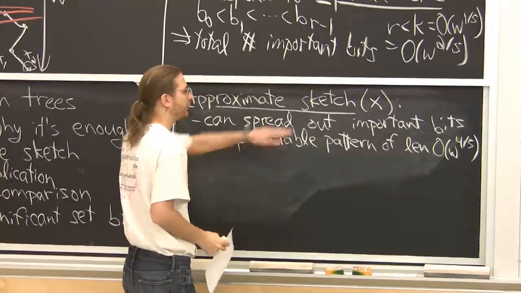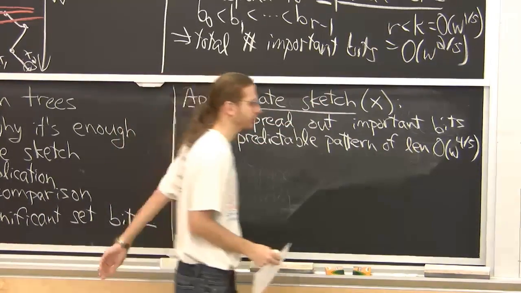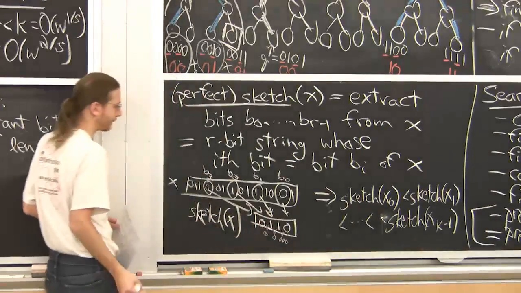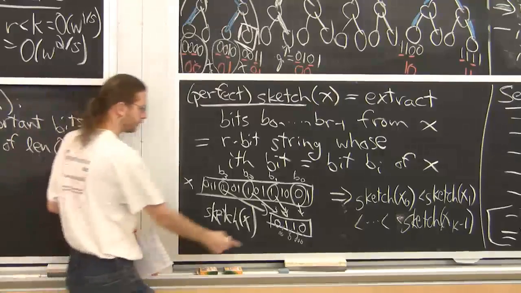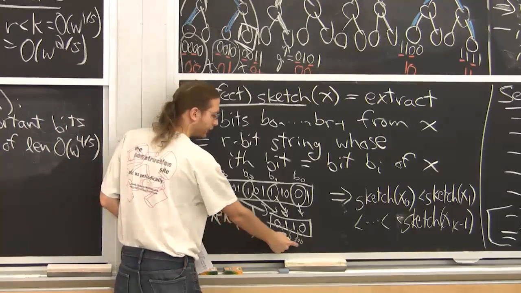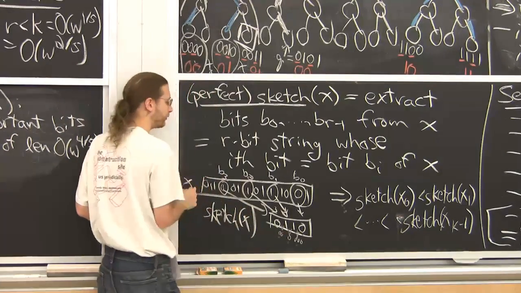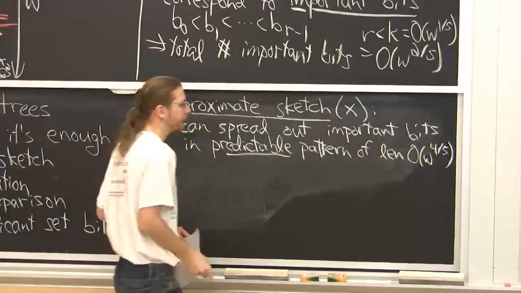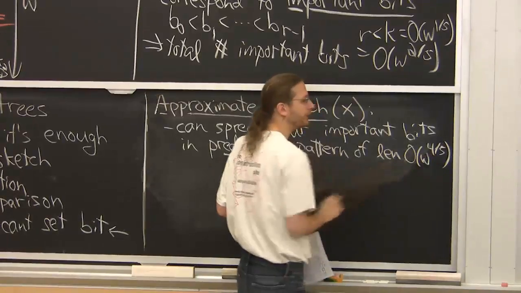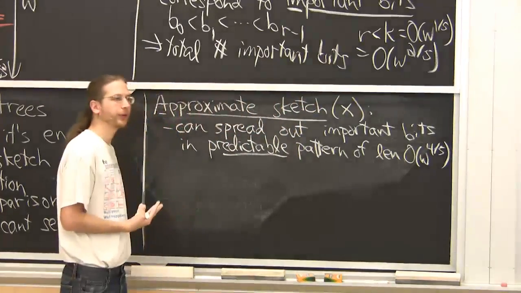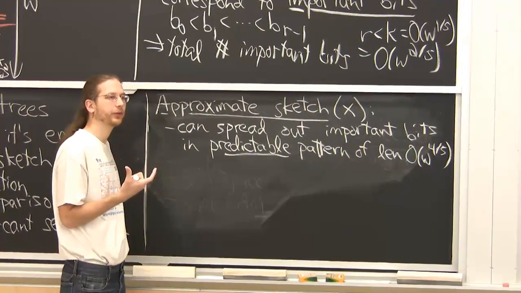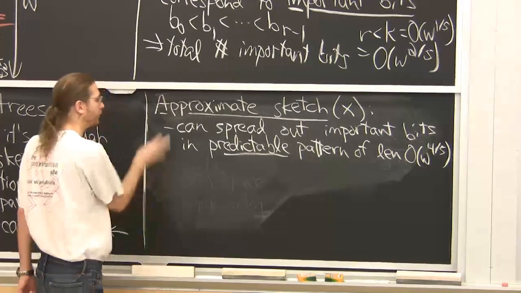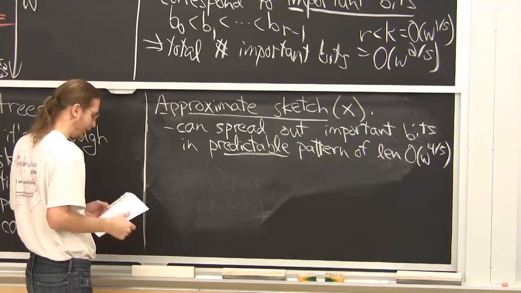Predictable just means it doesn't depend on what x is. So when there are extra zeros here, that's fine. But there's always going to be 2 zeros here, 1 zero here, 3 zeros here, no matter what x was. As long as it's predictable, I'm going to preserve order. And as long as it's length order w to the 4/5, if I take w to the 1/5 of them, that will still fit in a constant number of words. Because it'll be order w bits total. So that's what I can afford. And now I'm going to do it.